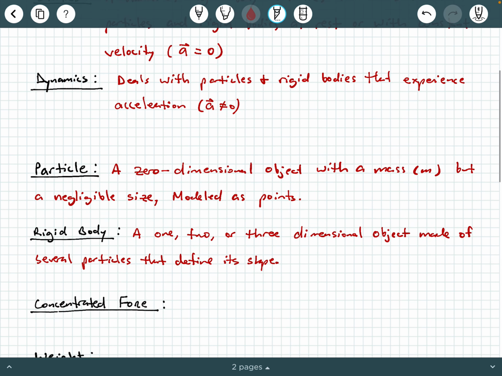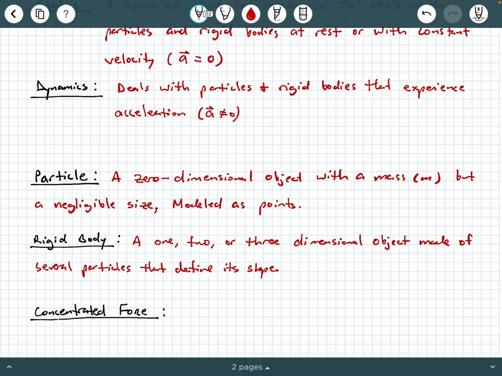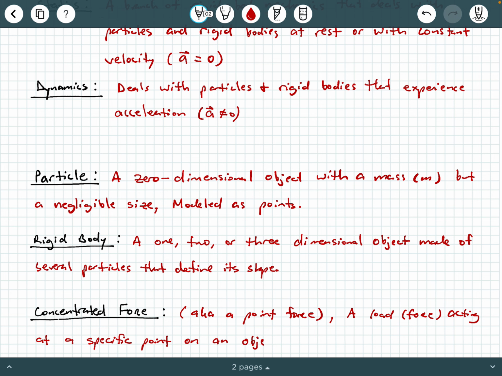Now, another term that's really important to us is concentrated force. What is a concentrated force? This is sometimes called, also known as, a point force. This is a load, a force, acting at a specific point on an object.